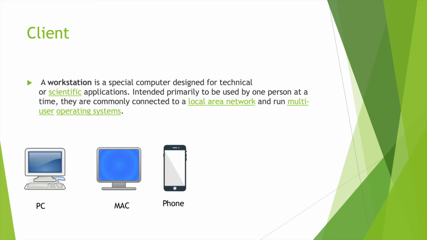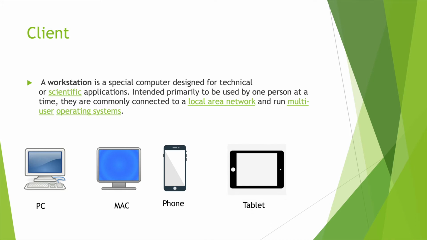A cell phone can be a client machine as well, and usually it's talking to a server to get some information. For example, as I mentioned in the previous example, your cell phone might be getting information from Netflix servers. Similarly, your Mac or PC can get the same information from a server.